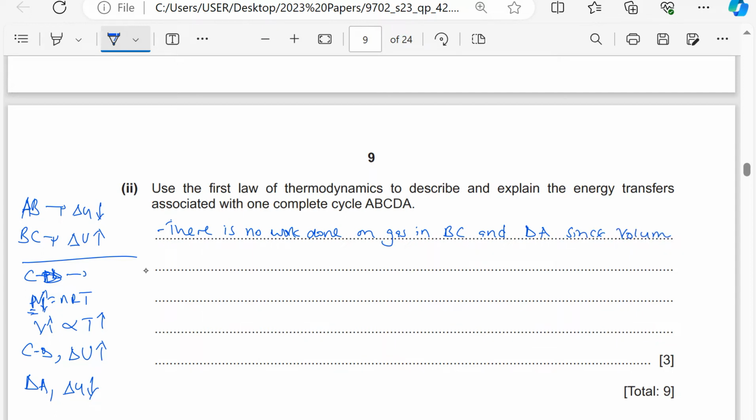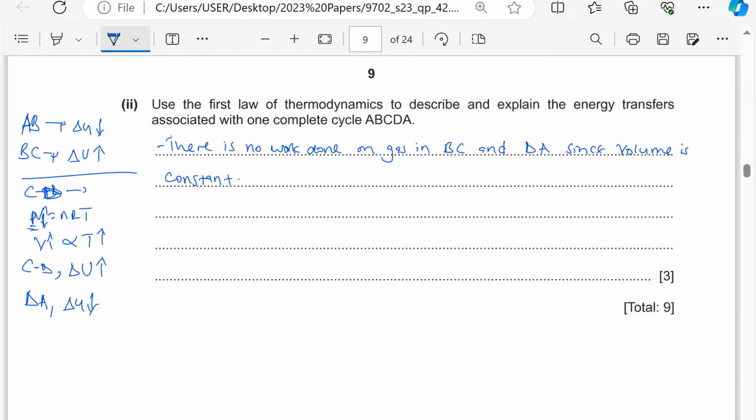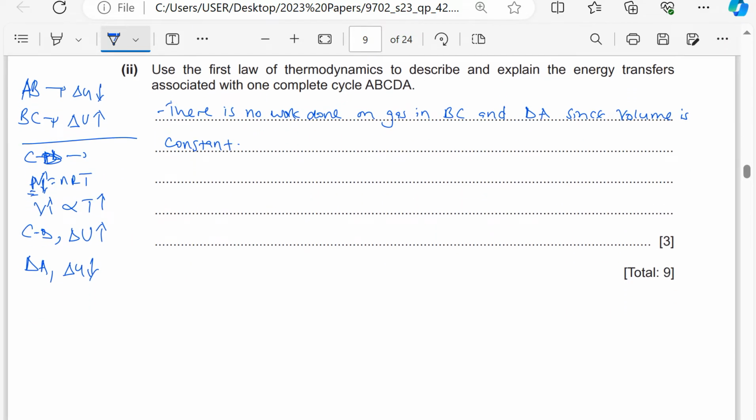Remember, the change in internal energy is equal to Q plus W. For BC and DA, the W part is 0. So the change in internal energy depends just on the amount of heat added to or transferred from the system.